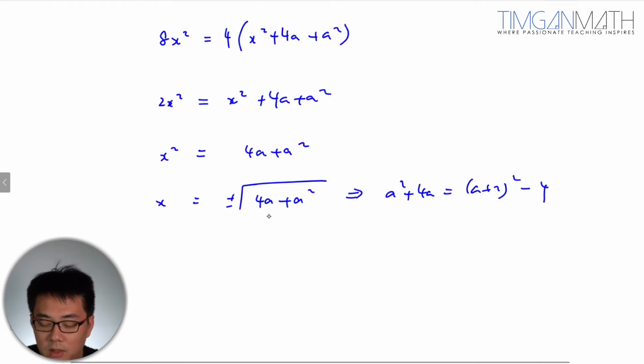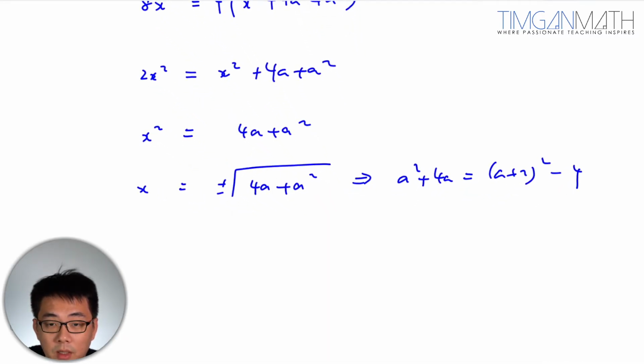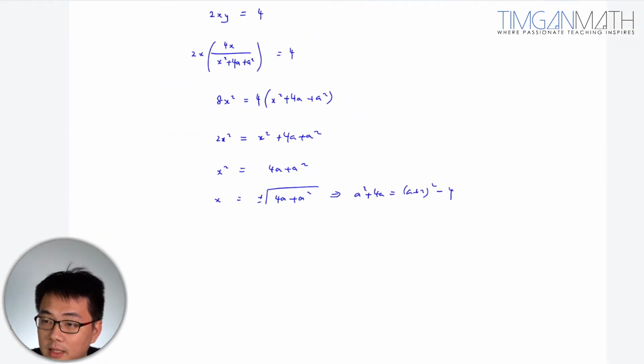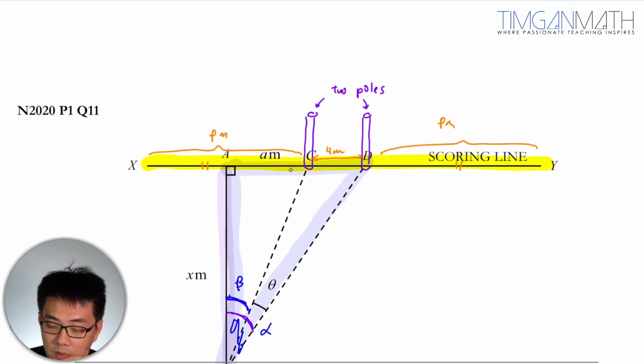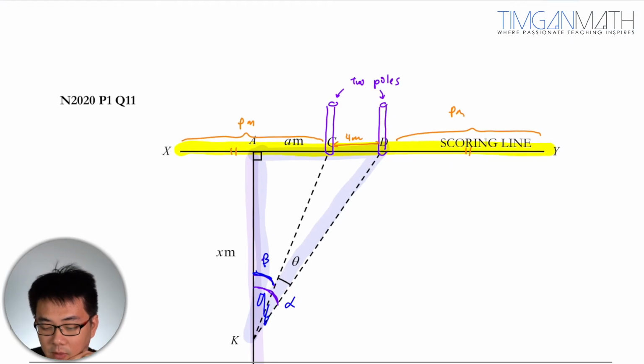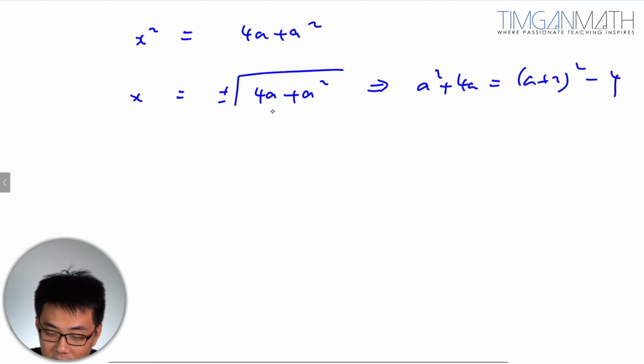So it's not necessarily positive, but because a is given to be positive, I think I'm thinking too much. a is always positive, so you just take the positive root and reject the negative.